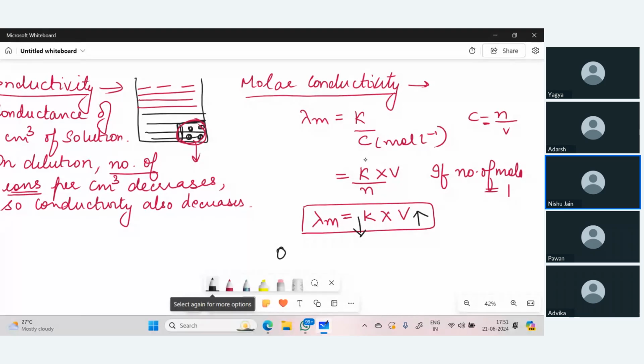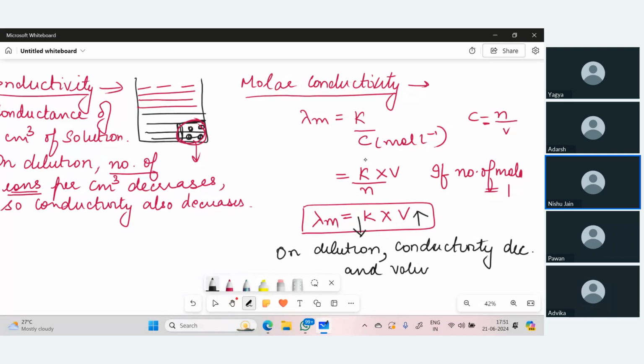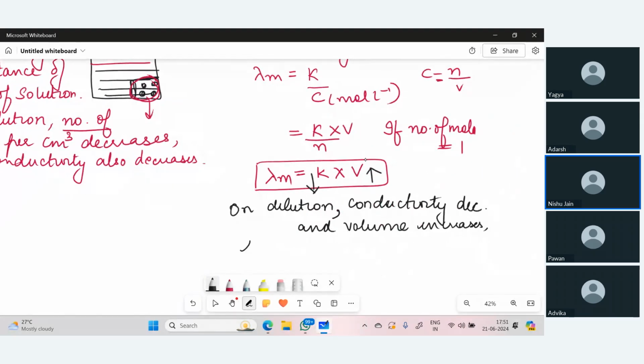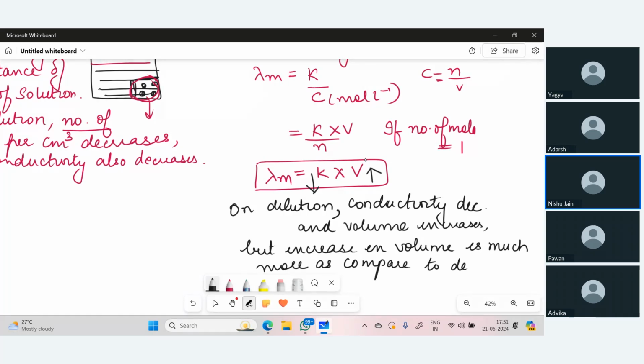You can write: on dilution or on decreasing concentration, conductivity decreases and volume increases. But increase in volume is much more as compared to decrease in conductivity.